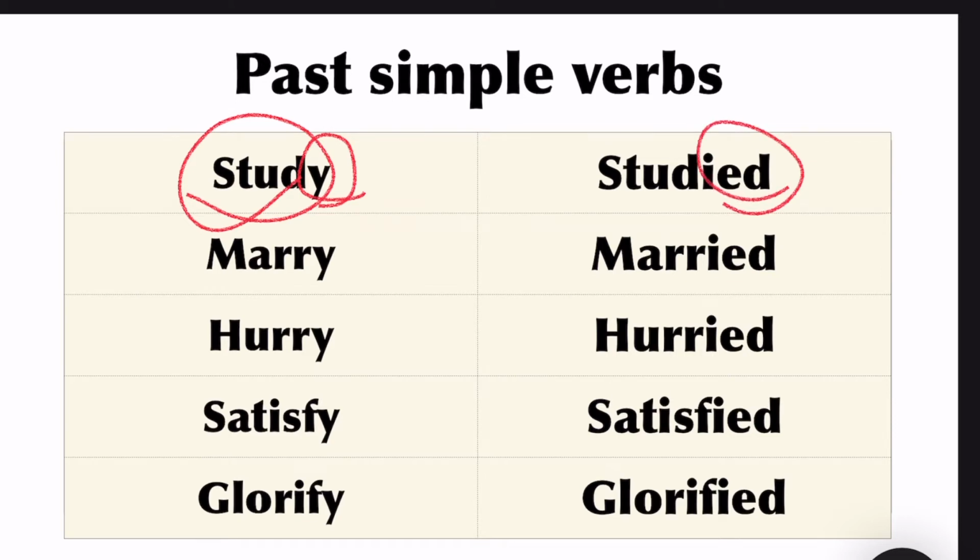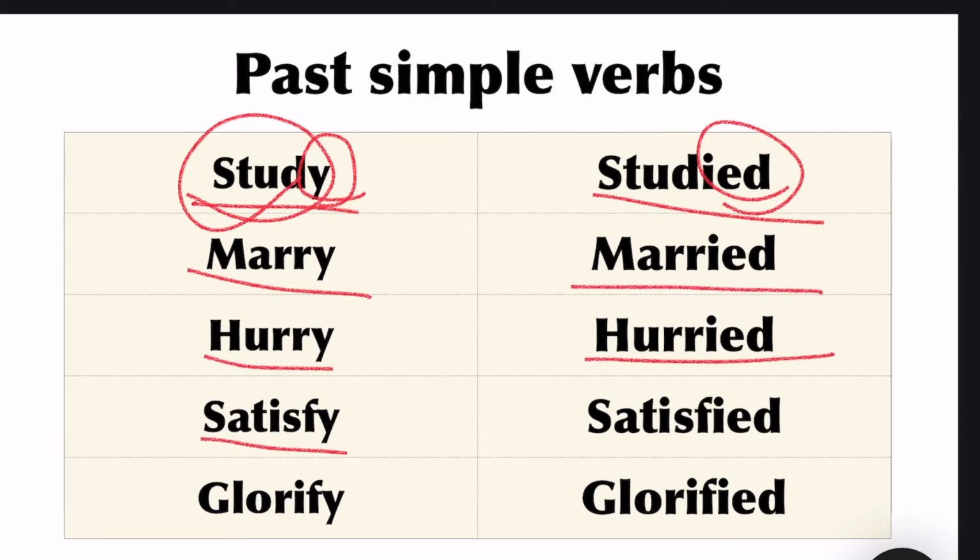The past tense for study is studied. Marry, married. Hurry, hurried. Satisfy, satisfied. Glorify, glorified. The simple thing you need to do is remove the y and add ied. The verb will become a past tense verb.